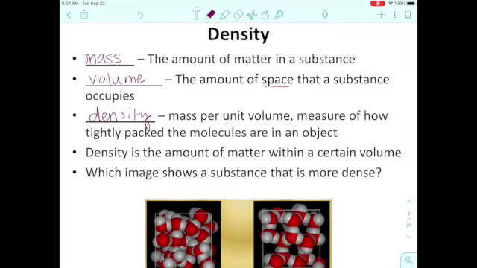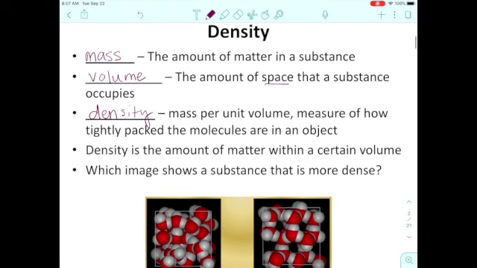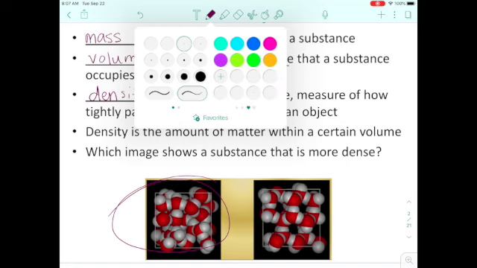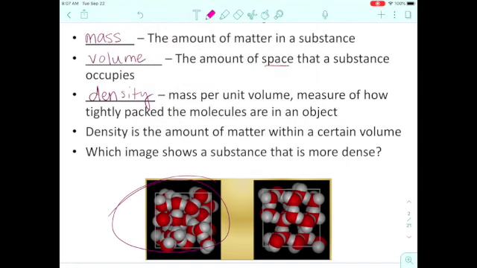These are those three terms, and they're going to be important to what we talk about for the rest of these notes. Density is the amount of matter within a certain volume. So which image here shows a substance that is more dense? The one that has more tightly packed particles is going to be the one here on the left. If you look at the one on the right, you can see there are these empty spaces.